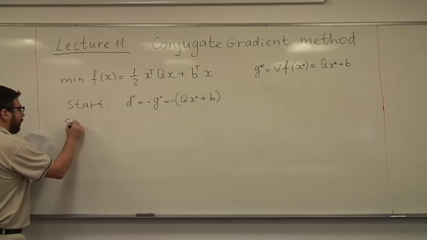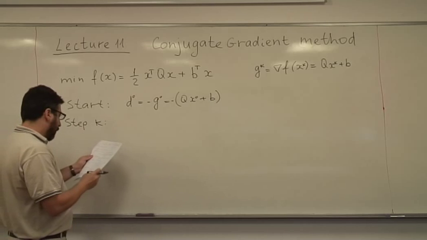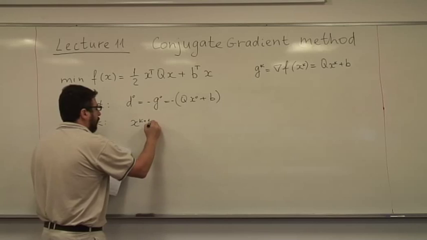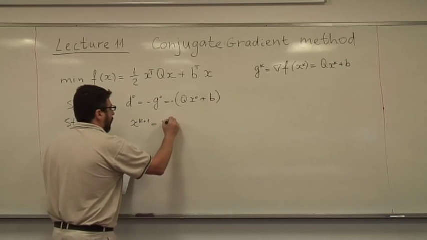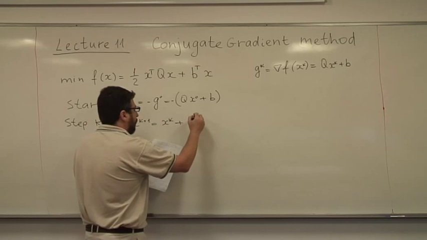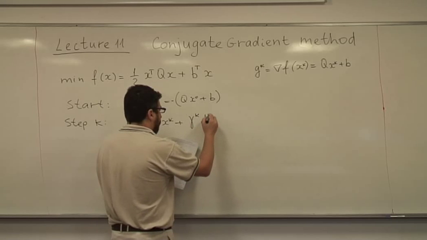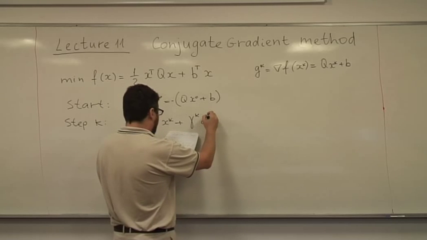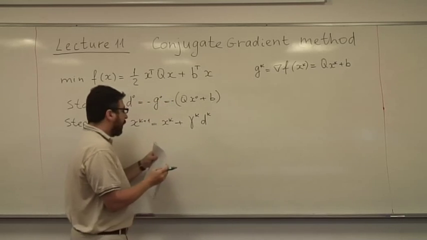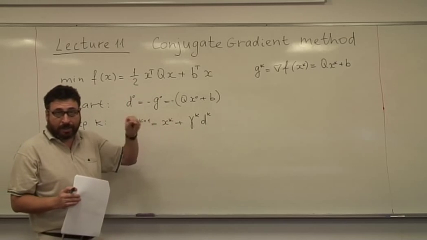Step k. x k plus 1 is equal to xk plus some step size gamma k multiplied by our direction, which we already have, dk, and here we have to use so-called exact line search.